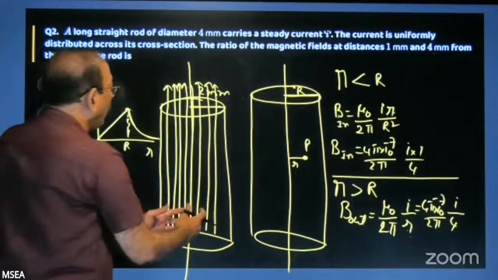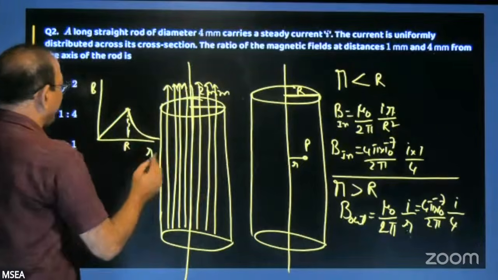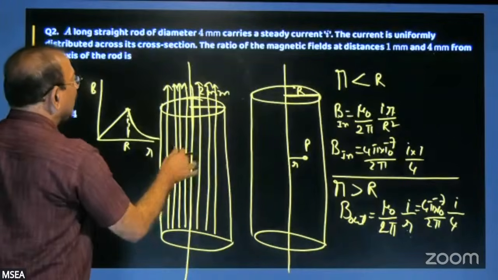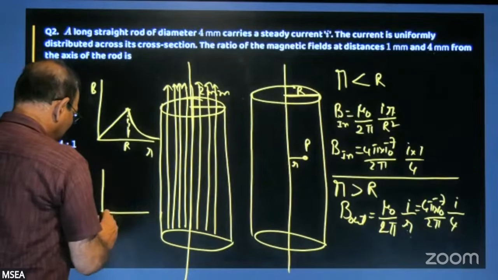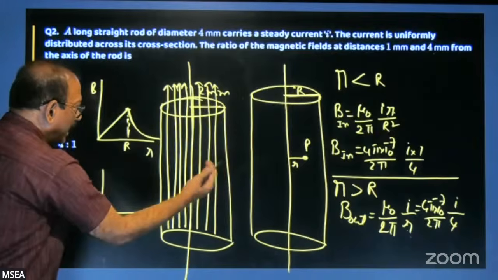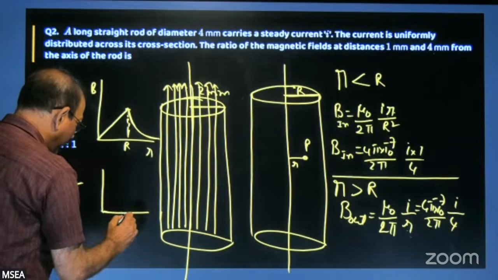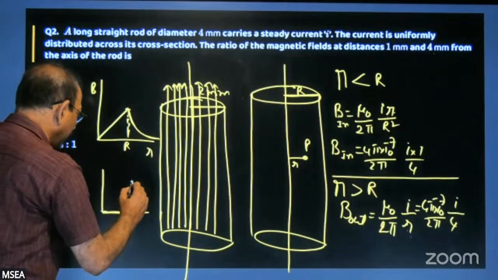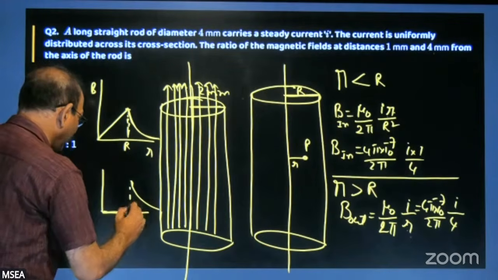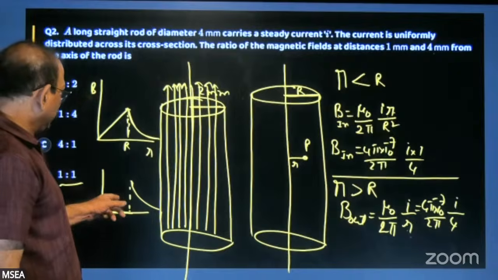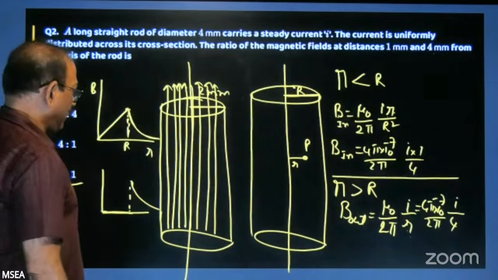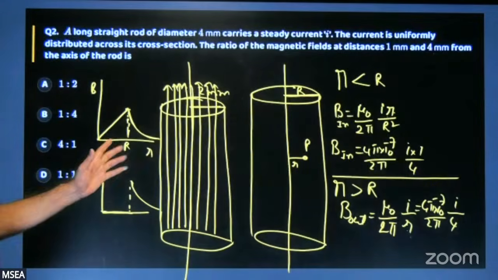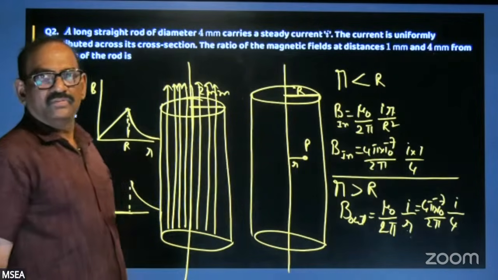If it is a hollow cylinder, the field inside is zero. So when small r is less than capital R, field is zero, on the x-axis you will get a straight line. Then like this you will get. That is the graph for hollow. This is a solid cylindrical conductor. Okay, I'm moving into the next problem.